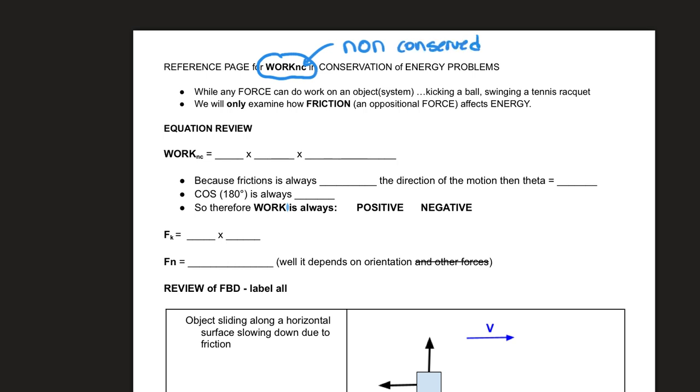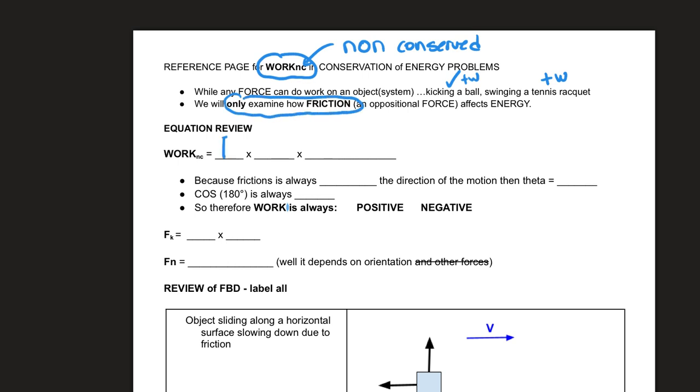So you have to think about all of the possible forces on an object. If you kick a ball, that would be work gained by the soccer ball. If you swing a tennis racket, that's an example of positive work on the ball itself. Positive work. We're going to specifically be focusing on how friction changes the energy of a system.